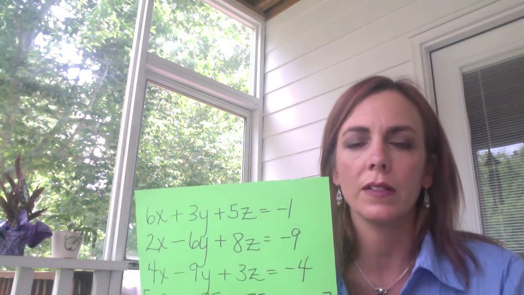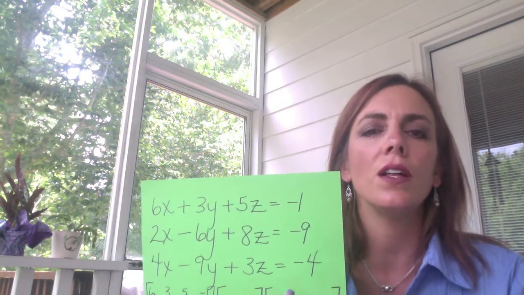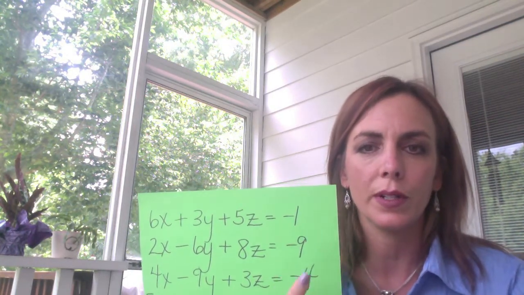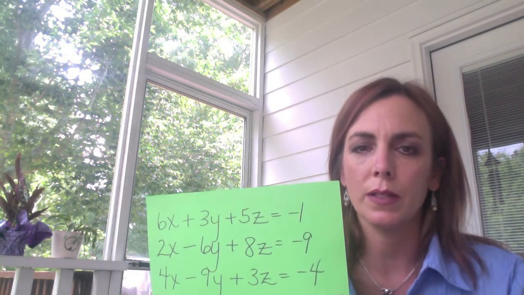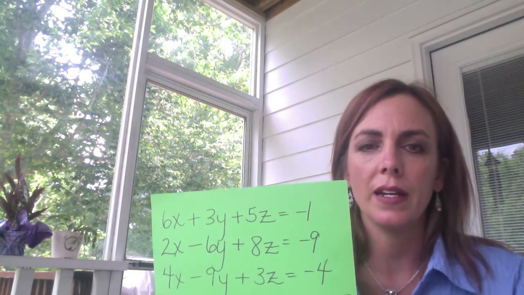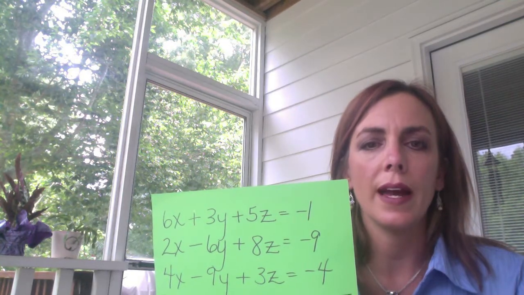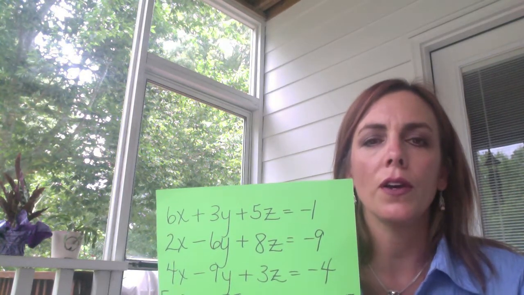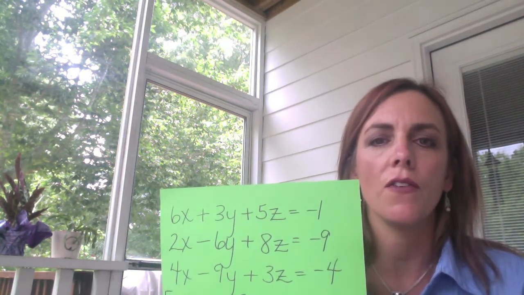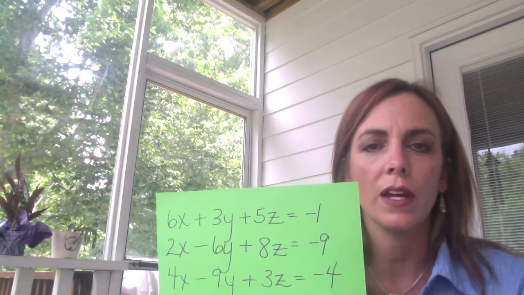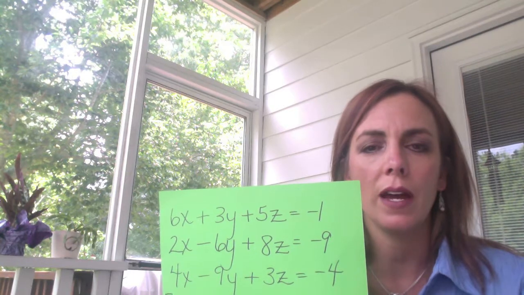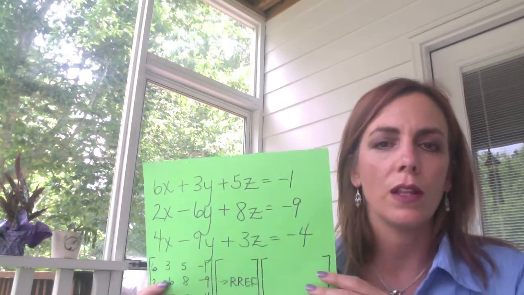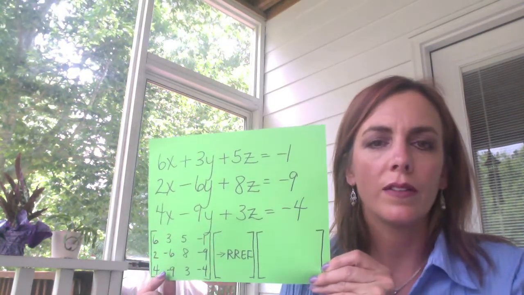On the other side of the equal sign, now that's important, your constants are on the other side. So what you're going to do is take a minute and write down all the coefficients of the variables in the order that they occur, as well as the constants. And what you get when you do that looks like this.